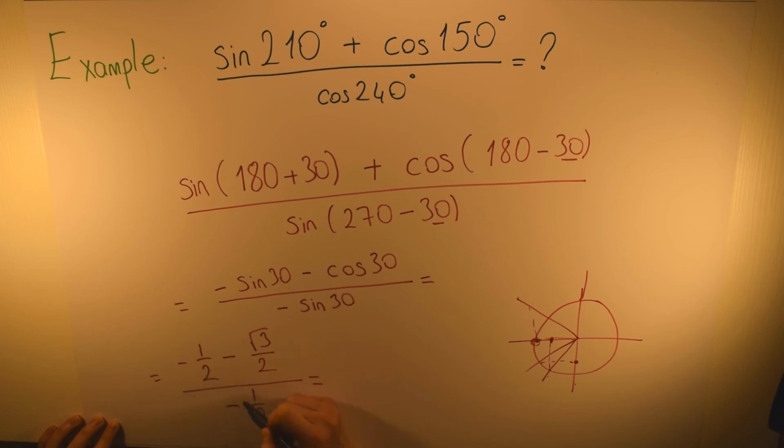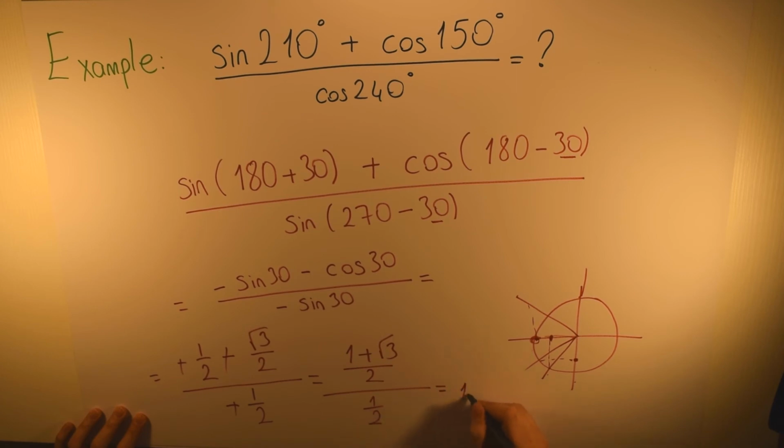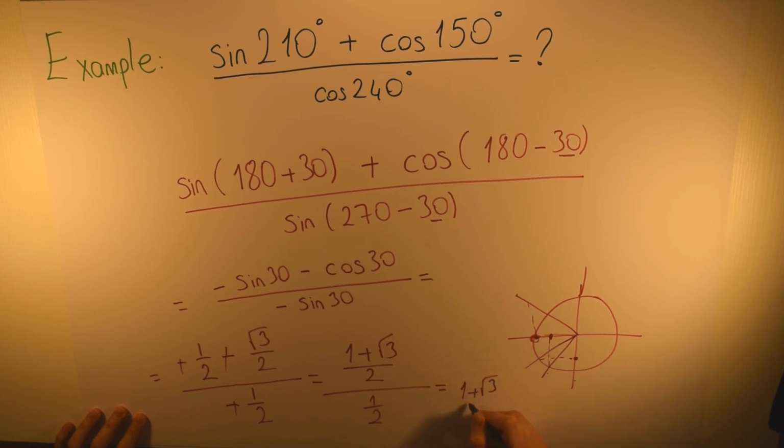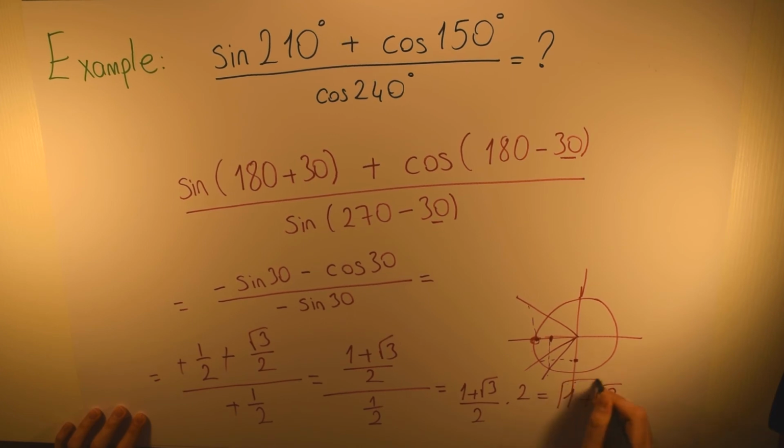So these minuses will cancel each other. So we can say that this is equal to 1 plus square root of 3 over 2, over 1 over 2, which is equal to 1 plus square root of 3 over 2 times 2, and this is all equal to 1 plus square root of 3.